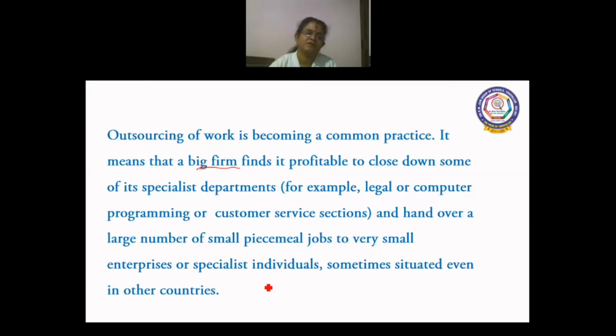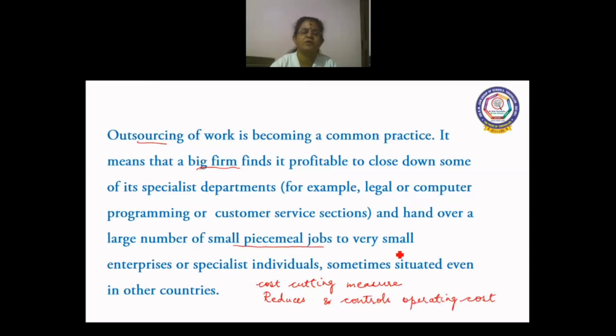Outsourcing acts as a cost cutting measure. It reduces and controls the operating cost, as the small piecemeal jobs are given to small enterprises.